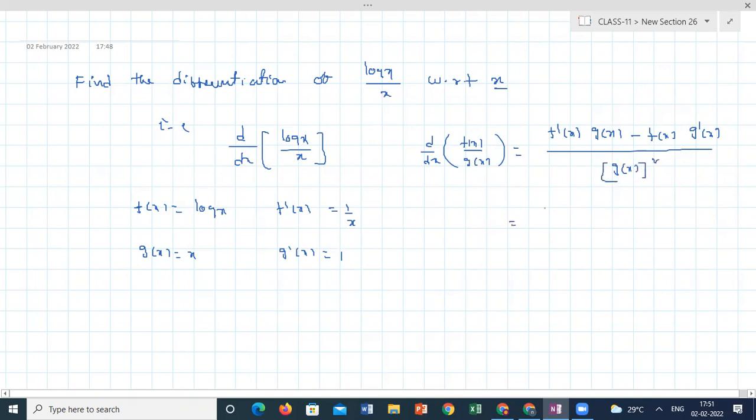This will be 1 by x into x minus log x into 1, divided by x square. So x cancels. The answer is 1 minus log x by x square, which is the differentiation of log x by x.